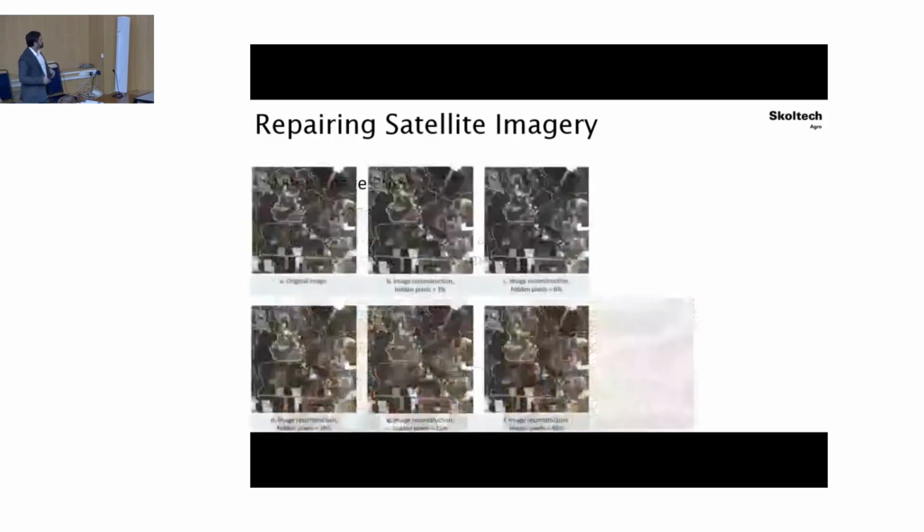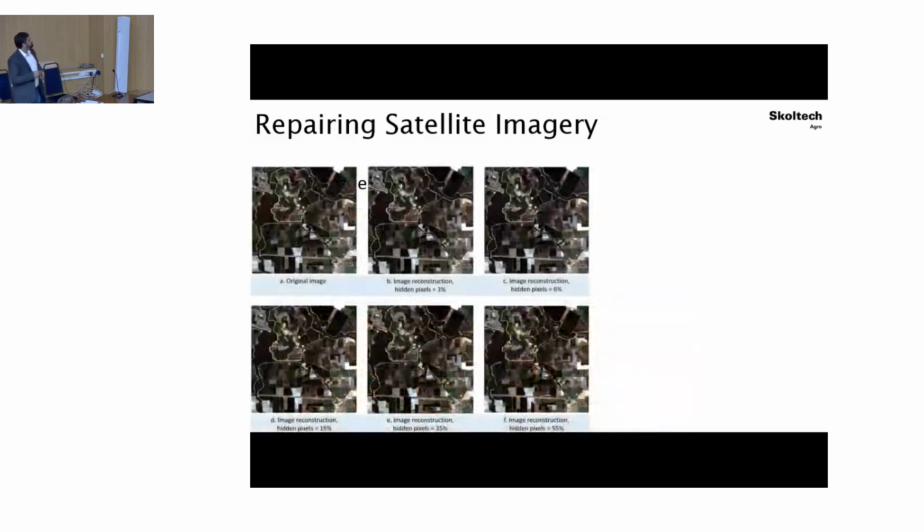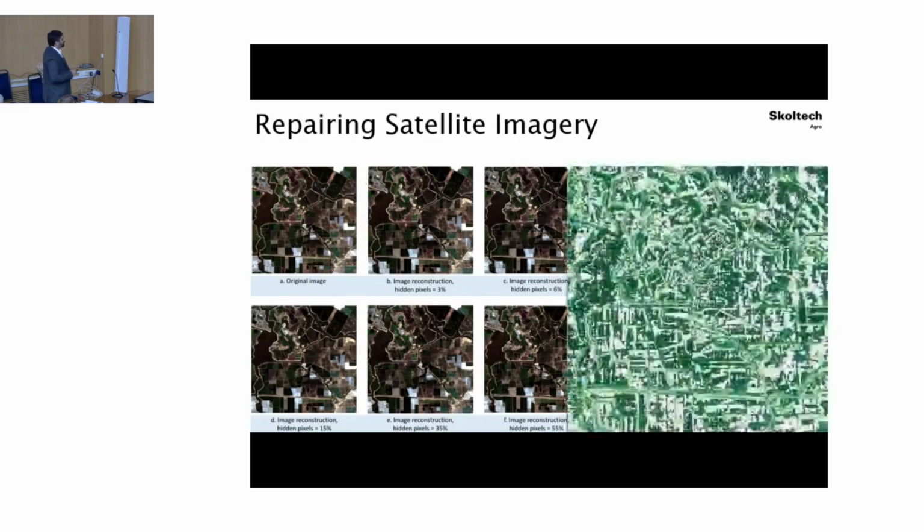We applied the same thing for the satellite images which were corrupted. So this is the original image, and then we progressively corrupted the image with missing information up to 55%. Right? And even at 55%, the darker the green, the closer the match, the more accurate the reconstruction. Right? So we still get an accuracy which is on par with the multi-image methods.